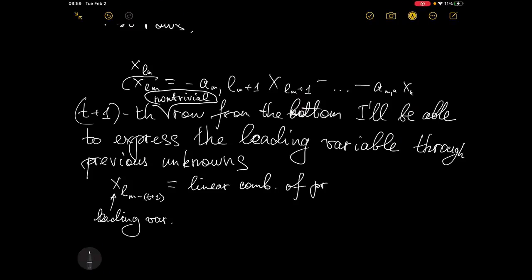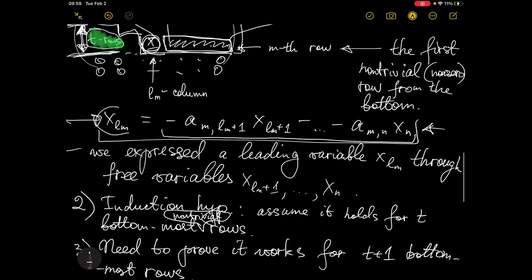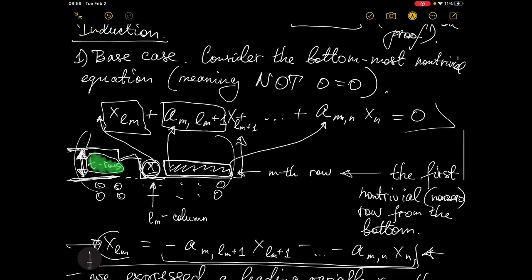Or previous, right? Some of them will be leading variables. Some of them will correspond to the free variables. It doesn't matter. Is it clear or not? It makes sense.